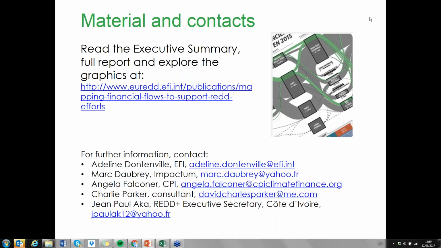We're hoping this is a good basis for that discussion, which has already started in the forest sector, for example, to look at how donors can improve support to the forest sector, which, as you've seen in the results, is largely underfunded, and support government policies in a more efficient way.